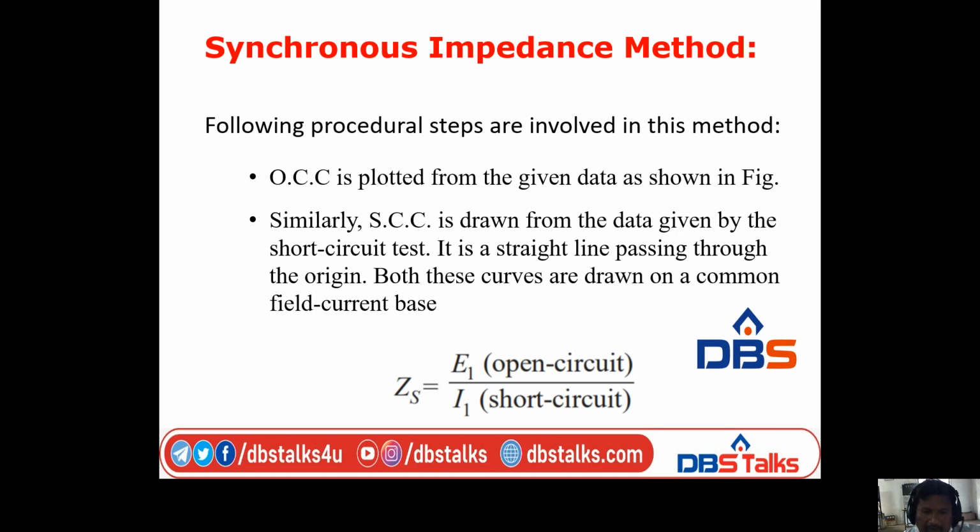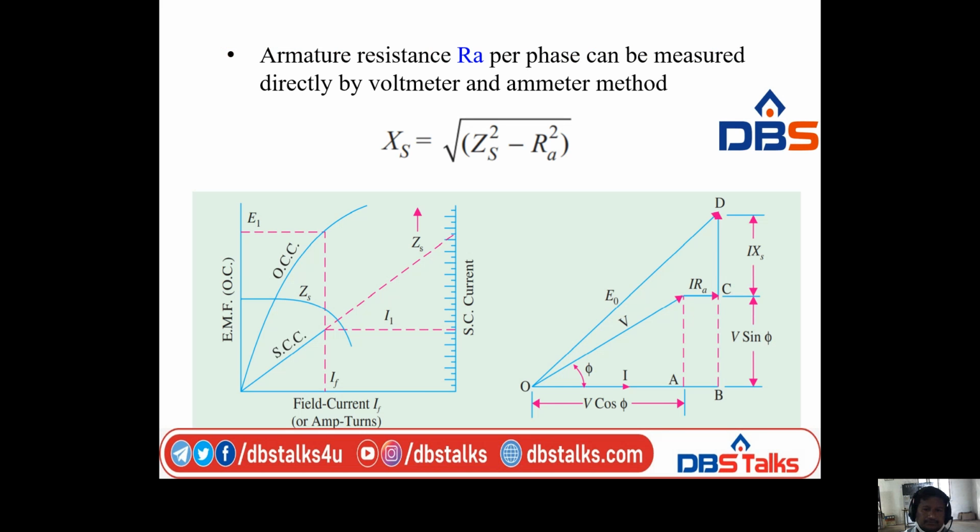Both these curves are drawn on a common field current base. Zs is equal to Voc by Isc. Find out the armature resistance Ra with the help of synchronous reactance and synchronous impedance, that is Xs is equal to square root of Zs square minus Ra square.